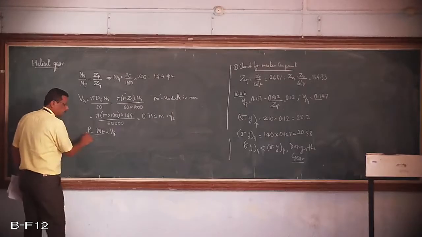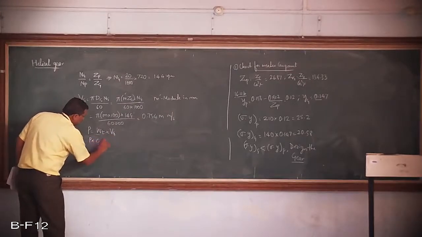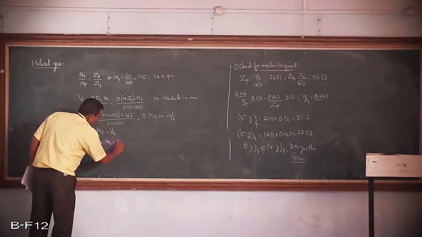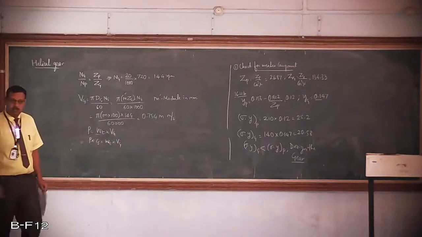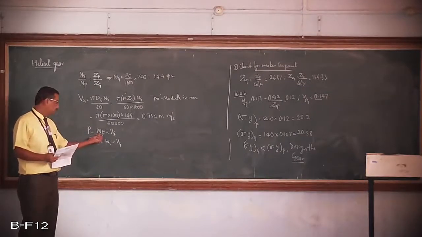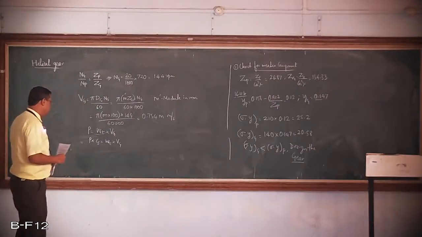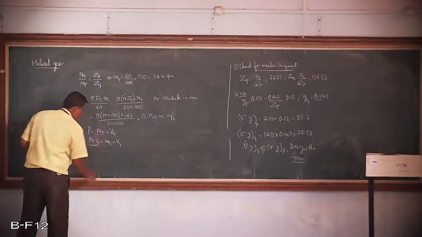Therefore, this equation becomes P into the service factor is equal to WT into VG. Or you can calculate the tangential load based on 10 kilowatt and multiply this tangential load with the service factor. In fact, both are the same. Here we are multiplying the power with the service factor.